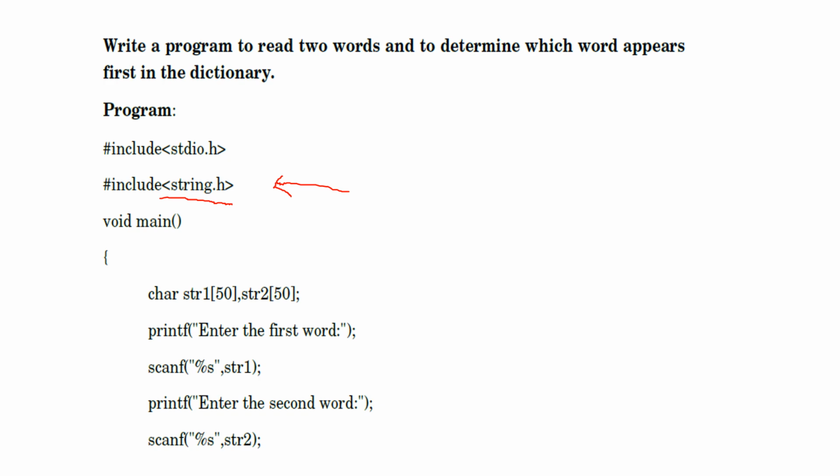The definitions of all the inbuilt string handling functions are in this string.h file. So you must include this string.h file in your program in order to use string processing functions.